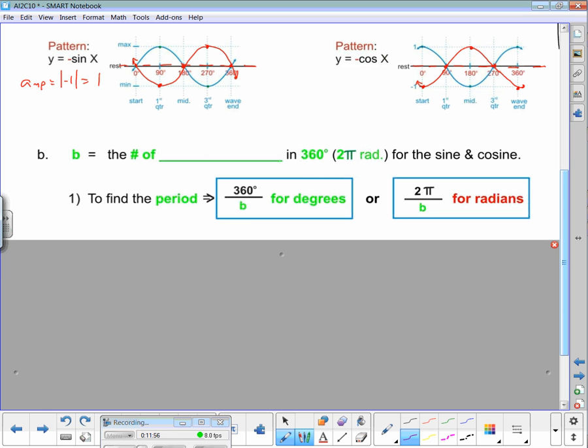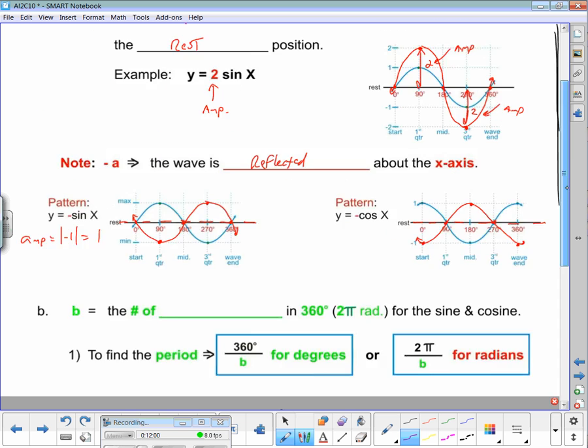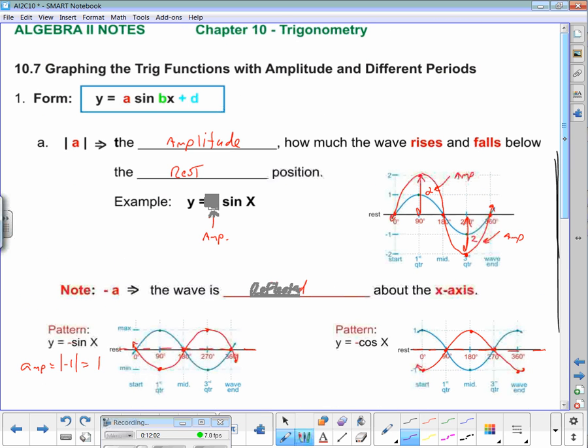All right, B. What about the B value in that formula? All right, so let me scroll back up. Notice the B is the multiplier of the angle. Remember, X here represents the angle. So, you got to be clear here. This is the angle. So we have BX.